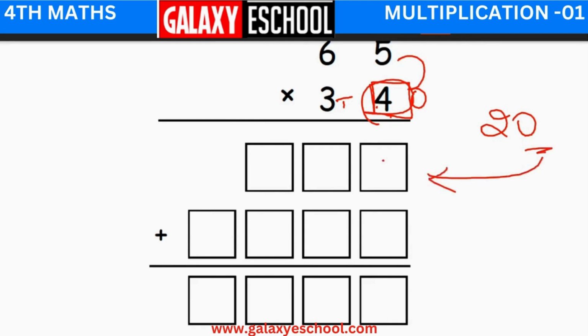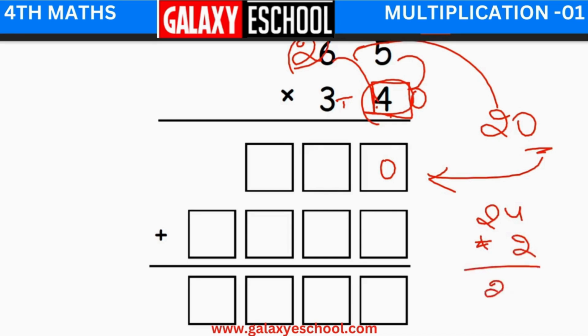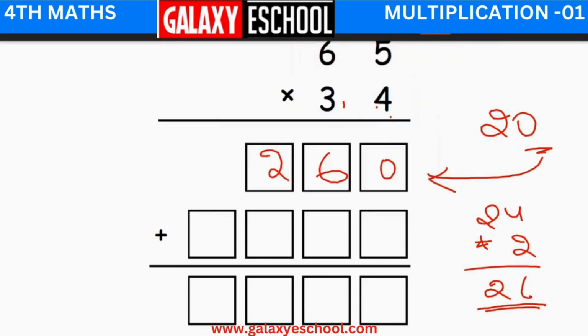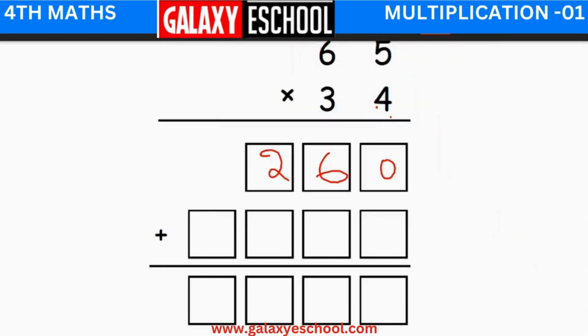Now 0 is to be written here, 2 is to be carried to the next number. 4 6s are 24, plus the 2 carried, 24 plus 2 becomes 26. So we write 26 here. This is the first step wherein we multiplied 65 with 4.